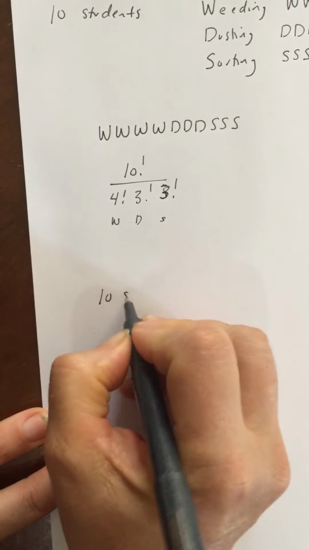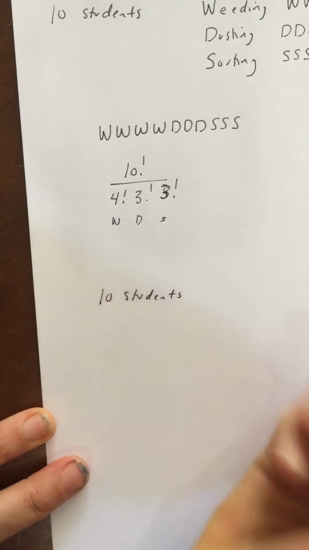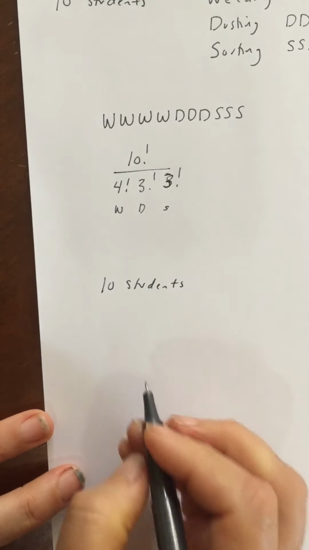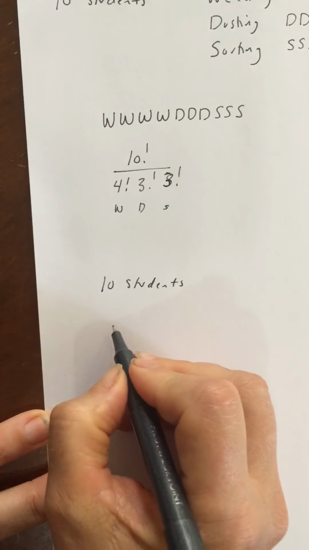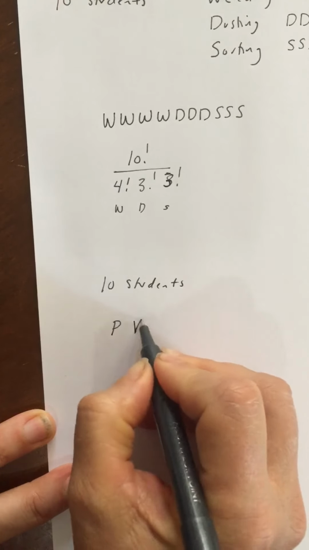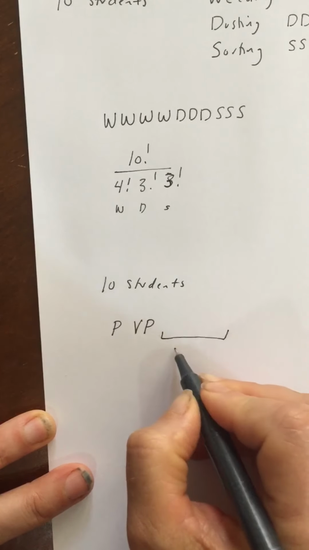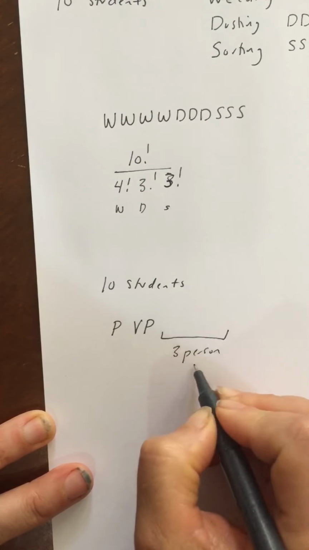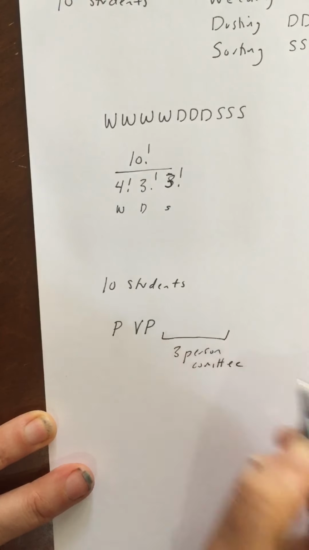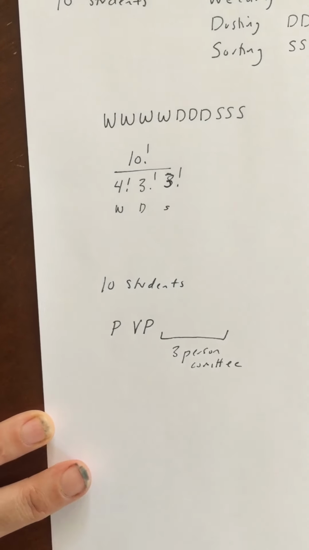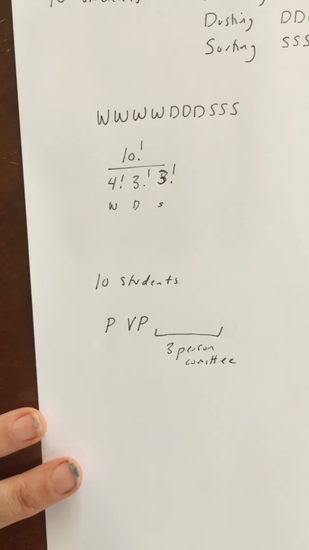Let's say we have 10 students, okay, and what we're interested in doing is having a president and then a vice president, and then we're interested in a 3-person committee. Okay, so this again, it's really a combination problem for this one.